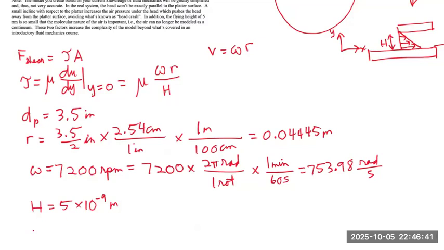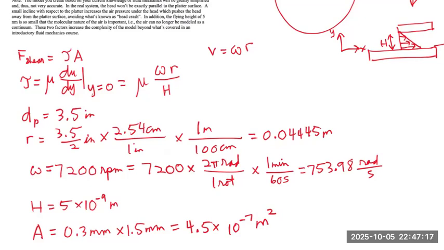Then we have A, or just A, because A is the one we will have to use over here. So A is the area of the head, which is equal to 0.3 millimeters times 1.5 millimeters. And this is equal to 4.5 times 10 to the negative 7 meters squared.